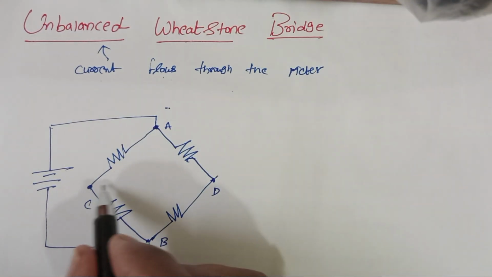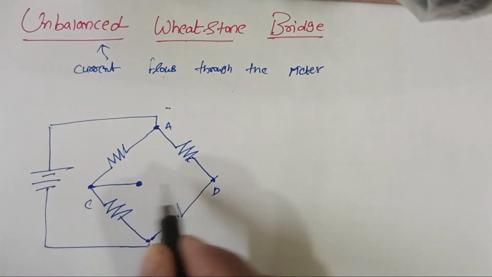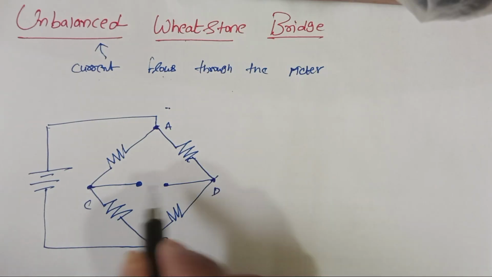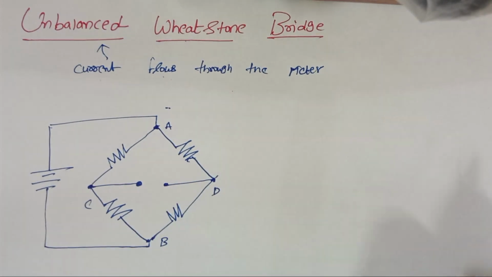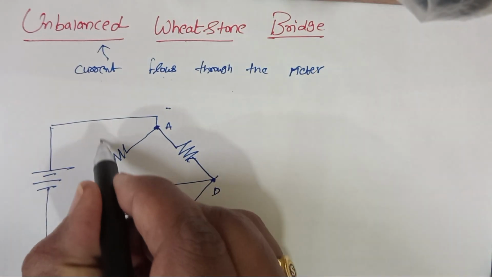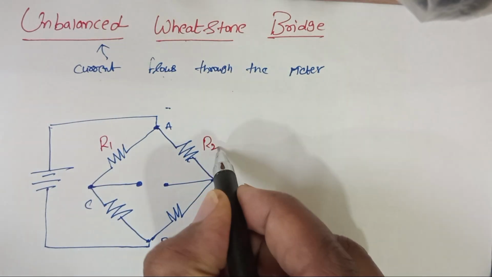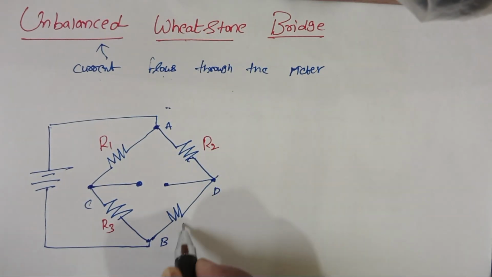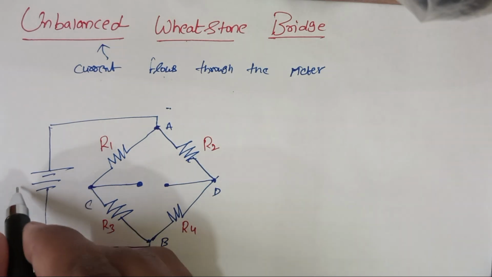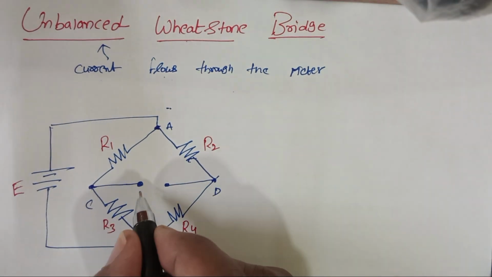Between the terminals C and D, we have the galvanometer. I am naming these resistors R1, R2, R3, R4, and the source voltage is E.